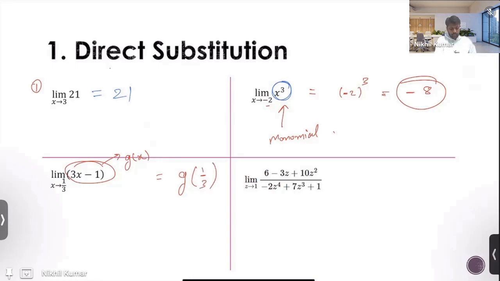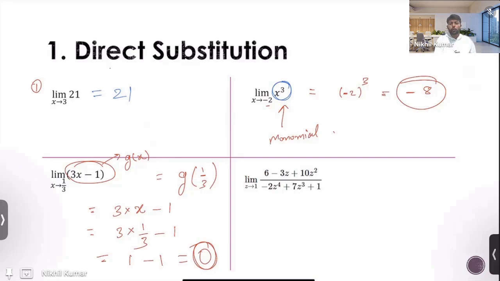As simple as that. And how do we find the value of any function at a certain point x? We just substitute the value of x. So 3 into x minus 1 is going to be 3 into 1 by 3 minus 1. 1 minus 1, that's going to be 0. So this is our answer.